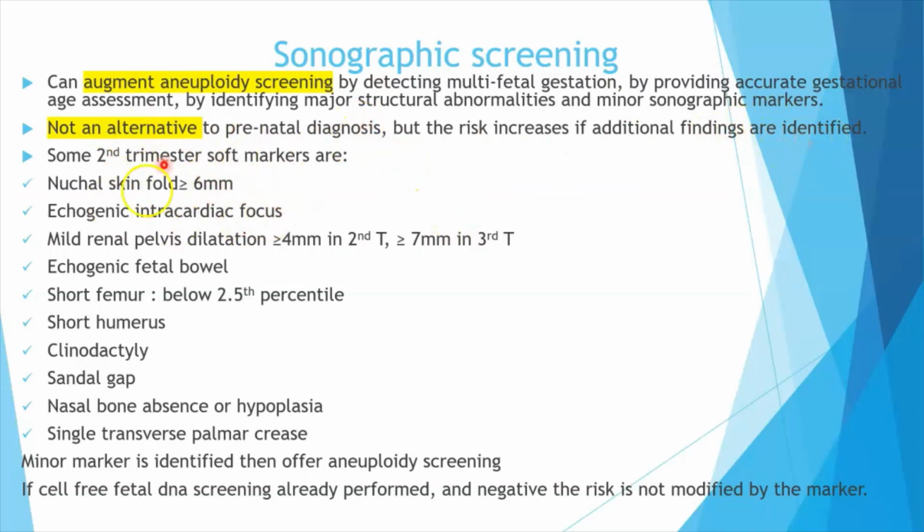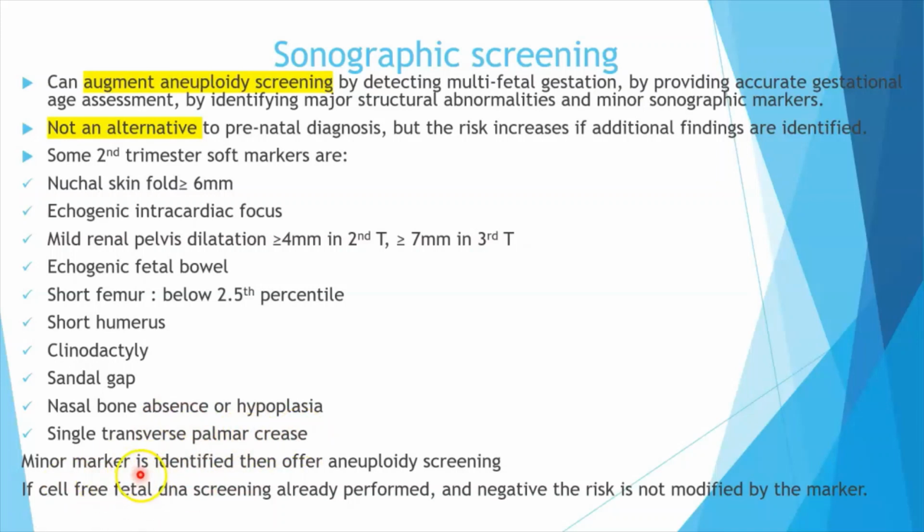Now, what are some second trimester soft markers? Nuchal skin fold thickness more than 6 mm, echogenic intracardiac focus, mild renal pelvis dilatation, which is more than 4 mm in second trimester and more than 7 mm in third trimester, echogenic fetal bowel, short femur, short humerus, clinodactyly, sandal gap, nasal bone absence, single transverse palmar crease.